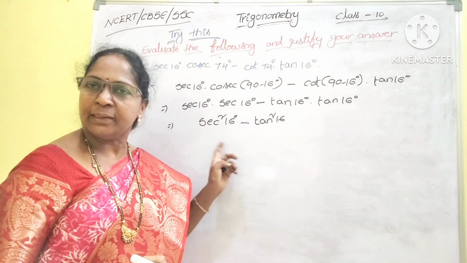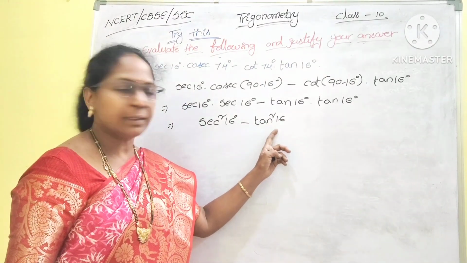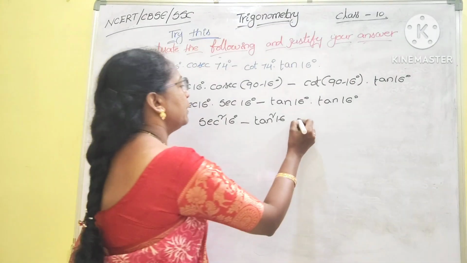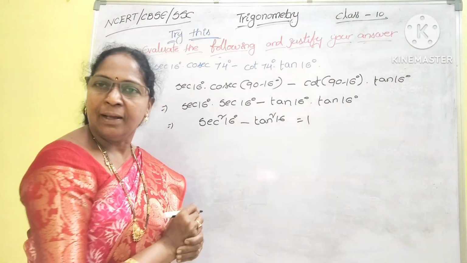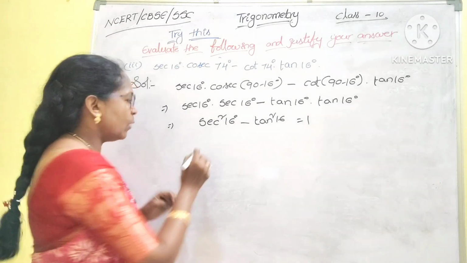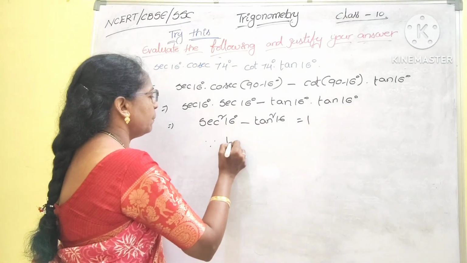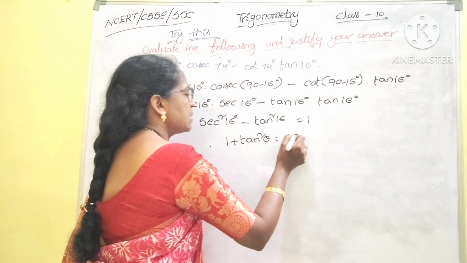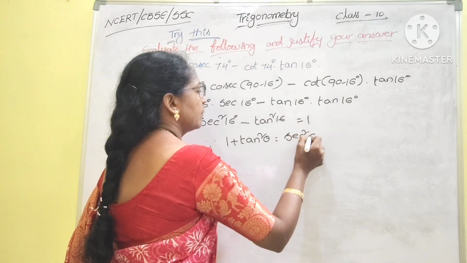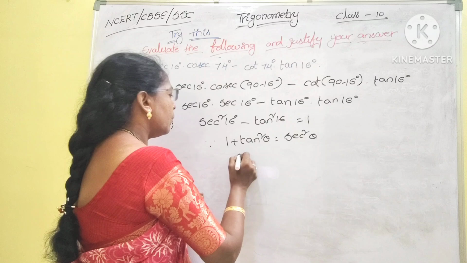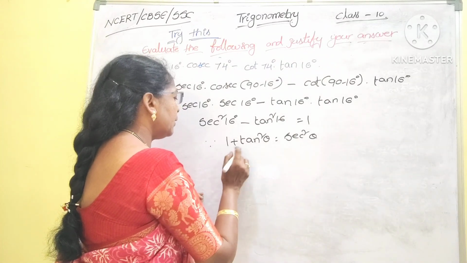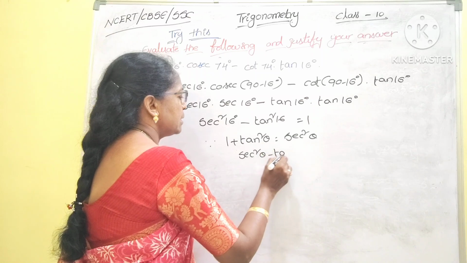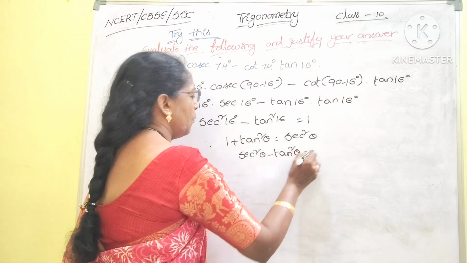Now secant square theta minus tan square theta, 16 can be assumed as theta. So this value equal to 1. This is another identity. According to this identity, 1 plus tan square theta equal to secant square theta, or directly you can write secant square theta minus tan square theta equal to 1.